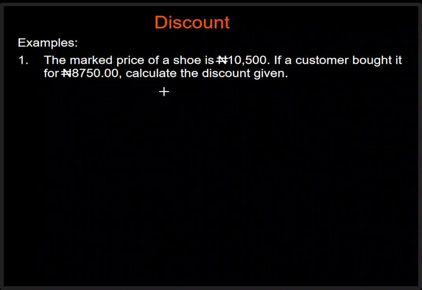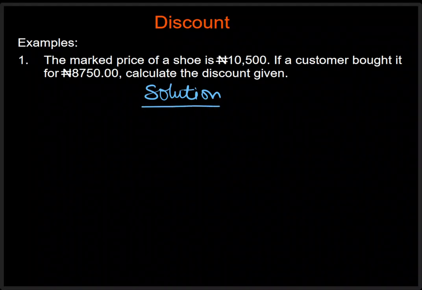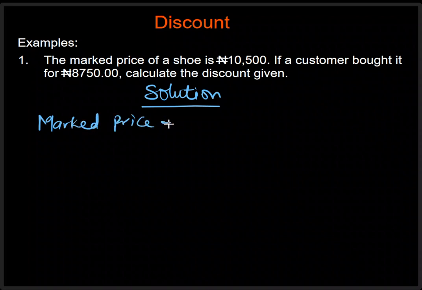The marked price of a shoe is 10,500 naira. If a customer bought it for 8,750 naira, calculate the discount given. So the marked price, which is the original price, is equal to 10,500 naira.